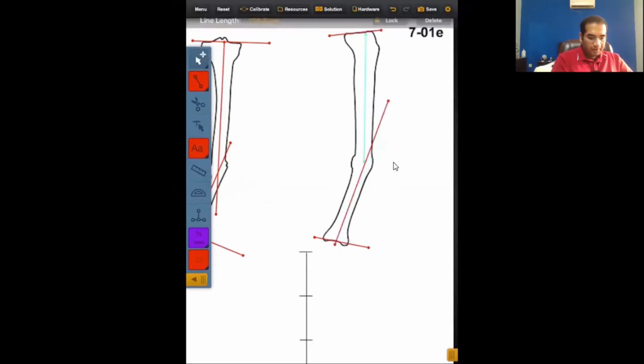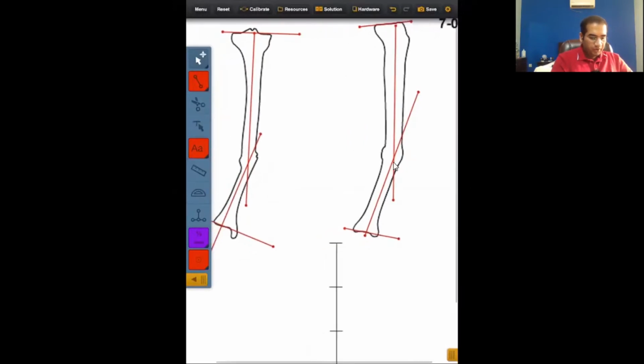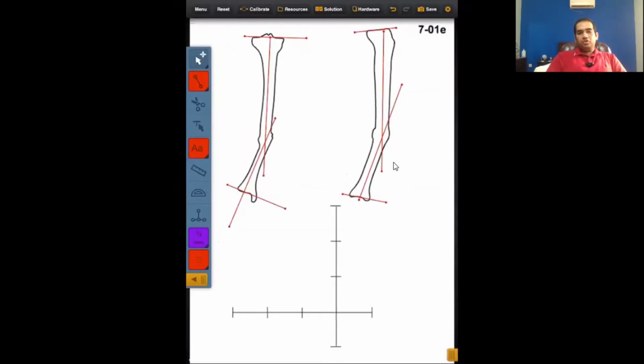The graph will be repeated over here. So this is again a 20 degrees deformity in both planes. By this X-ray, you know that the apex of the deformity in the AP plane is medial. So it's a valgus deformity with a medial apex. Here it's a procurvatum deformity with an anterior apex, as you can see.